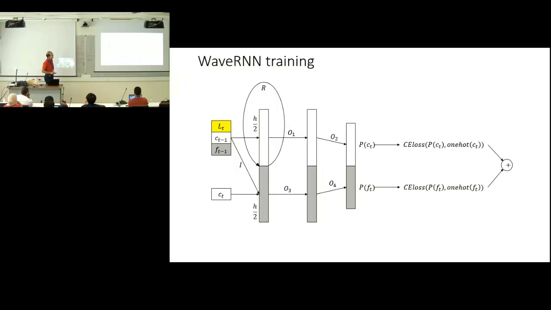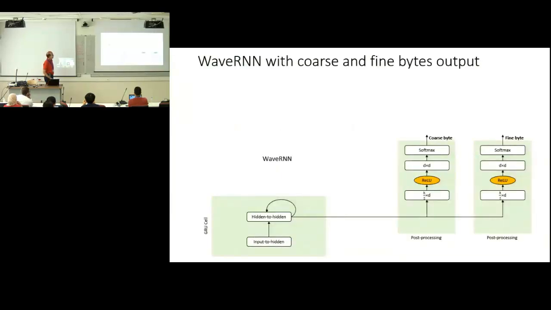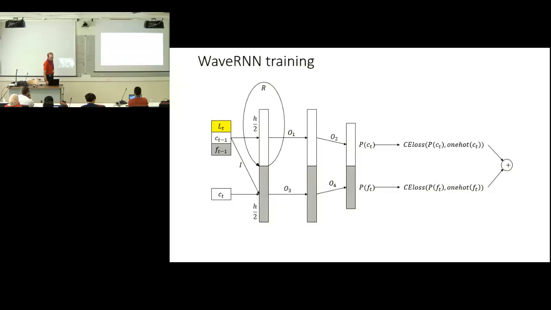This part of the hidden state predicts the fine part of the network, and this predicts the coarse part. And this was the training for this kind of output, coarse and fine.